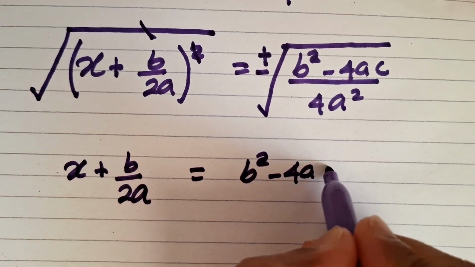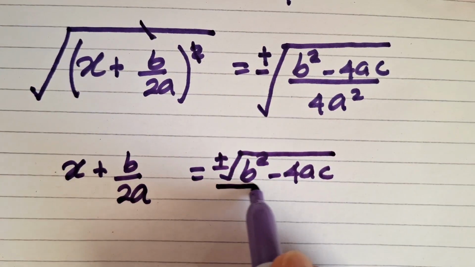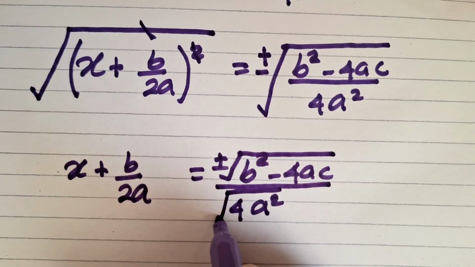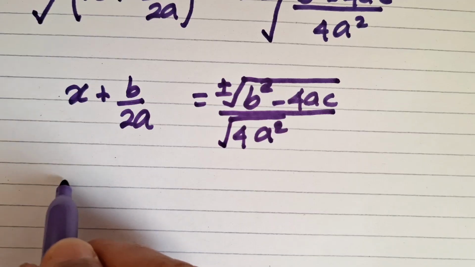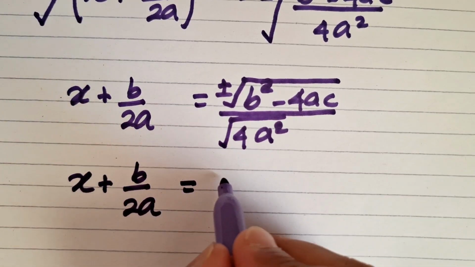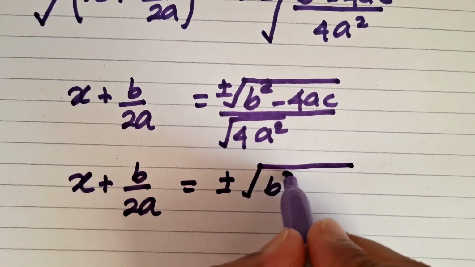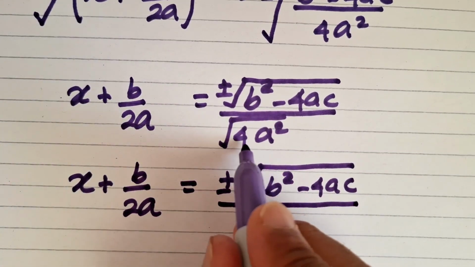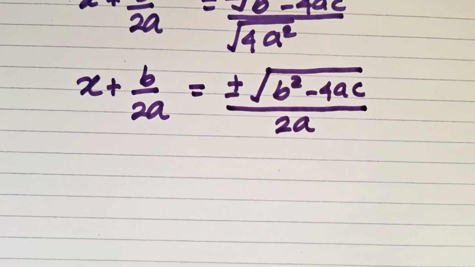plus or minus the square root of b squared minus 4 times a times c divided by the square root of 4a squared. Then x plus b over 2 times a is equal to plus or minus the square root of b squared minus 4 times a times c over the square root of 4a squared, which is equal to 2 times a.